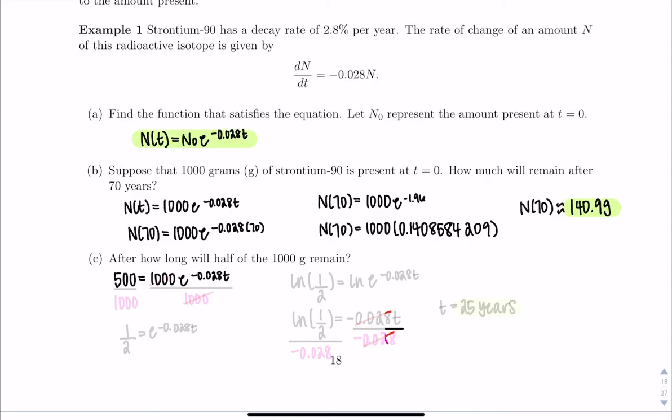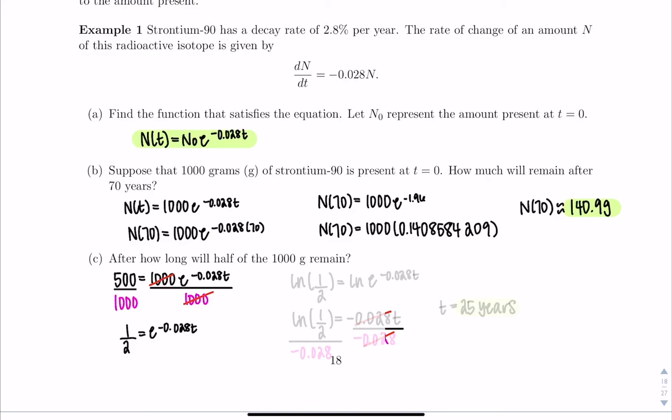So we're going to divide by 1,000 on both sides. And so the thousands cancel, and we get 1/2 equals e^(-0.028t).